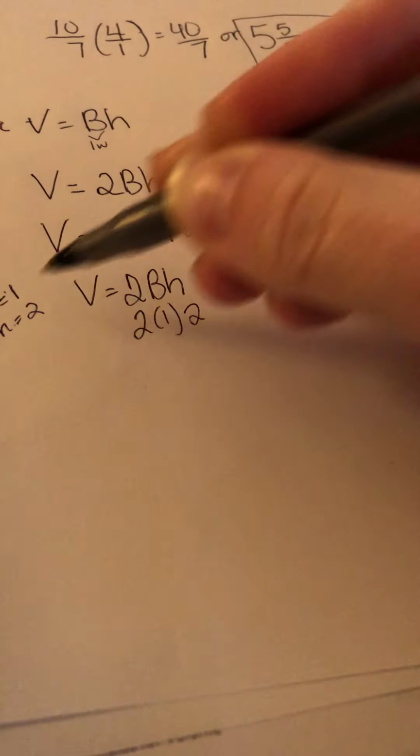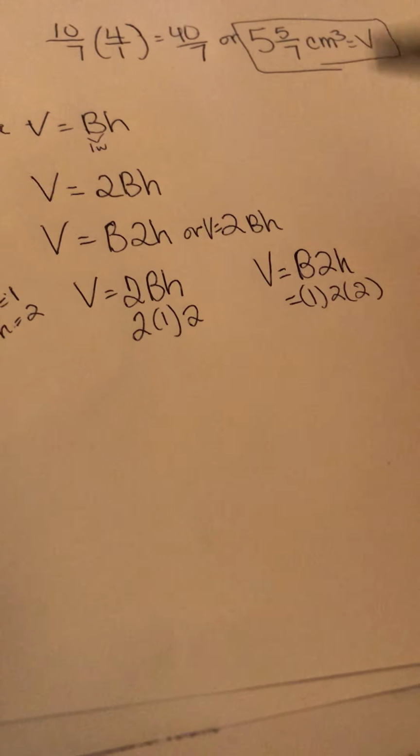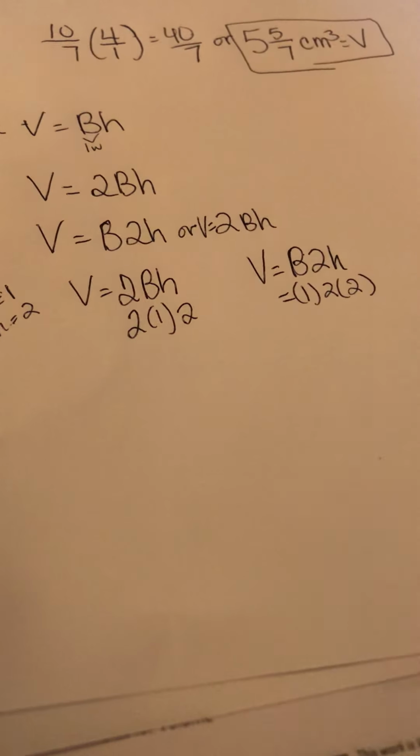Okay, B equals 1, and H equals 2. These are the same. I'm going to get the same answer. So, compare the volumes. What do you notice? They are the same. Or, let's use a math word, they are equal.